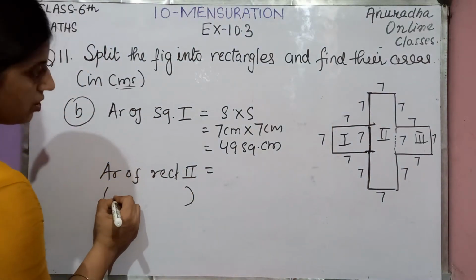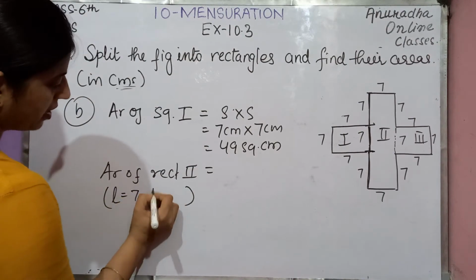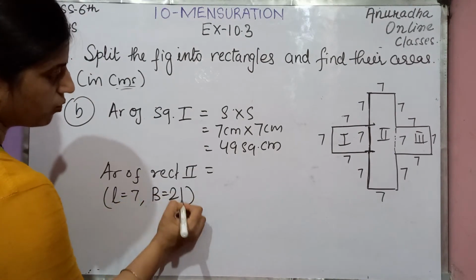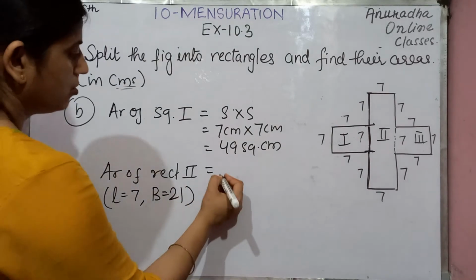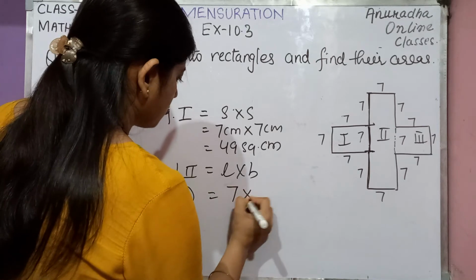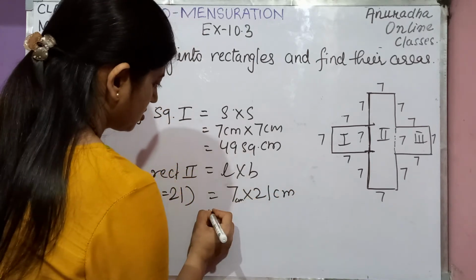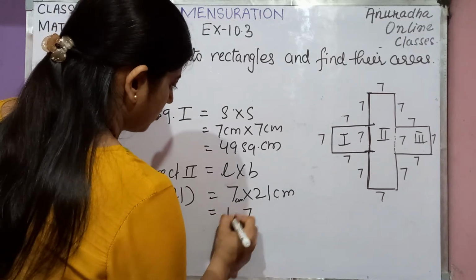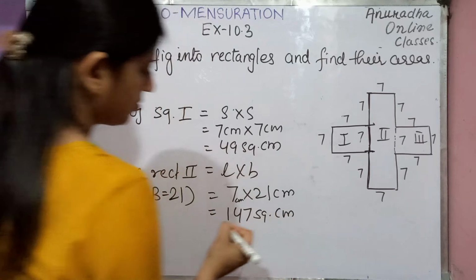What is the length? Length is 7 only, but breadth is how much? 21. 7 plus 7 plus 7. Okay, so L into B, that is equal to 7 into 21 centimeter. This is also centimeter. That is equal to 147 square centimeter, right?